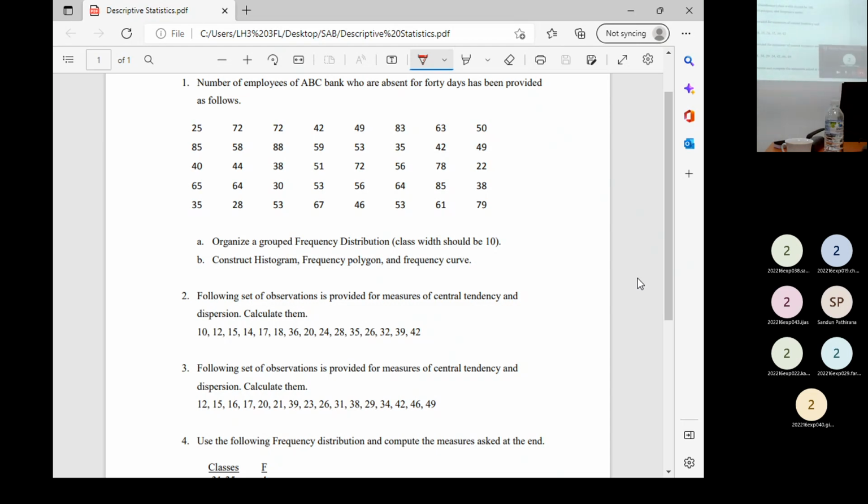Second, range can be calculated. Third one, repeated observations can be identified quickly.